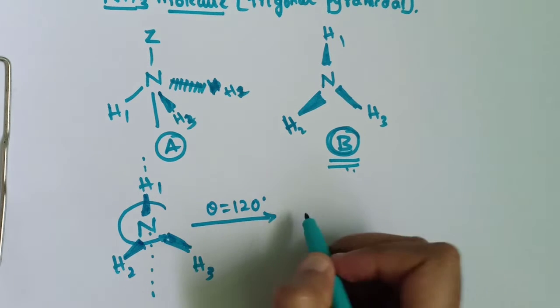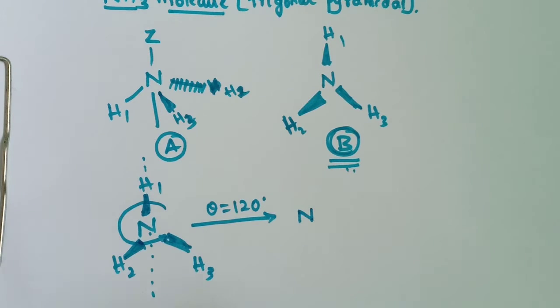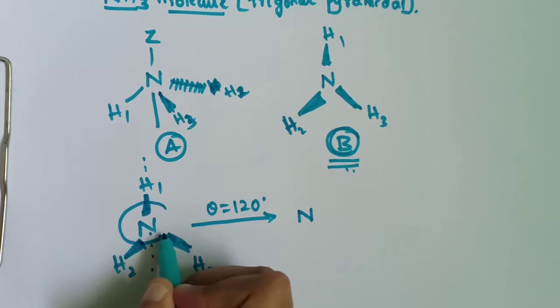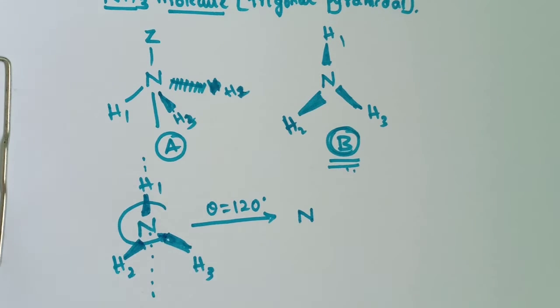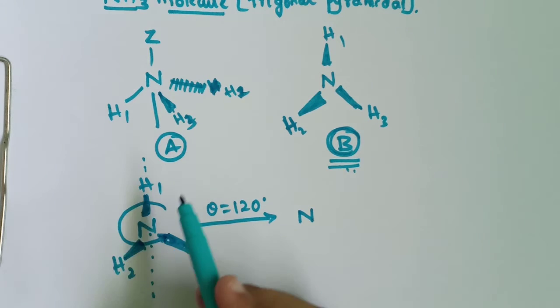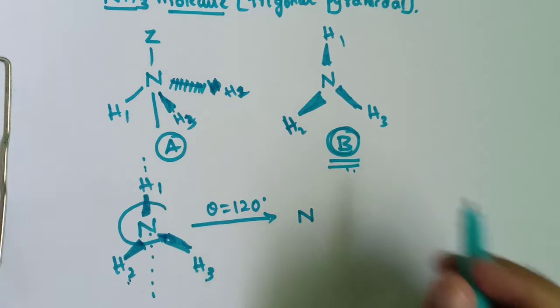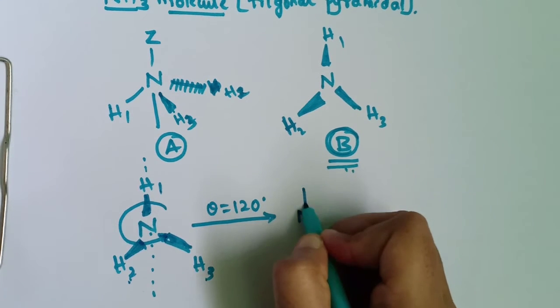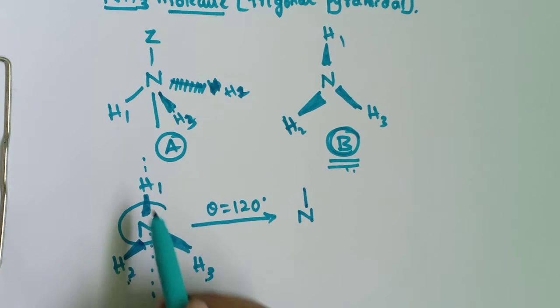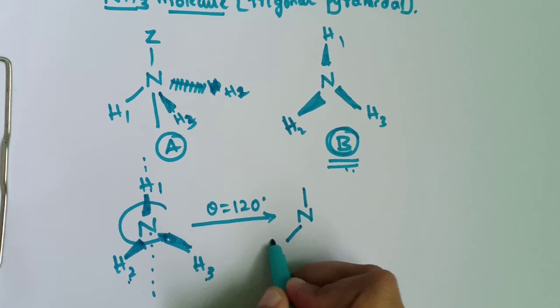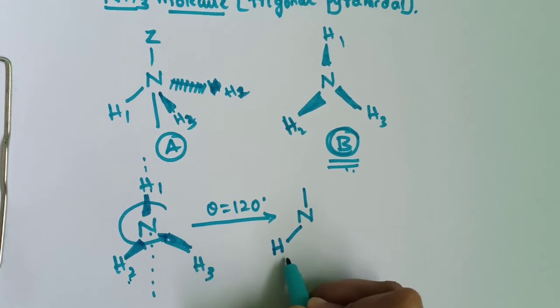See here, it is N. We have rotated the molecule. Now this H1 will come to this side, and this H2 will come to this side, and this H3 will go to that side. So the position of H1 is taken by H2. And in the position of H2, what is coming here?